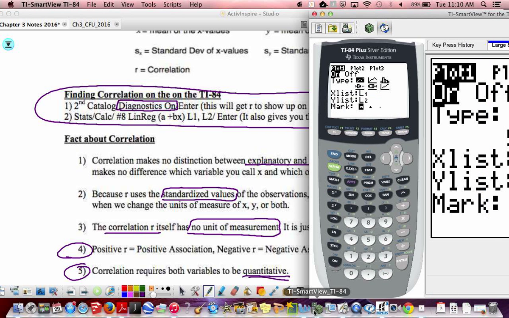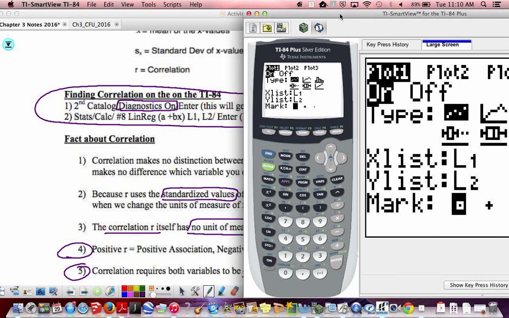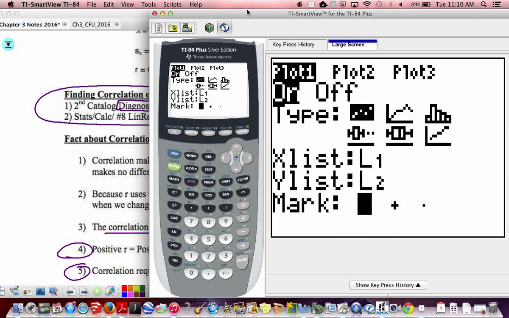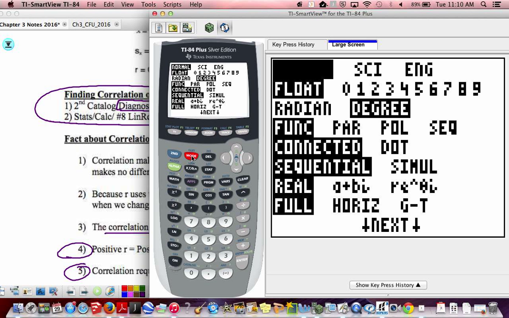Depending on your calculator, there are 2 ways to turn on your diagnostics. For most of you, go to your mode. I want everyone to have your calculators and check this, because I hope that after we do the first one, we don't have any hands raised saying, I'm not getting my R value.